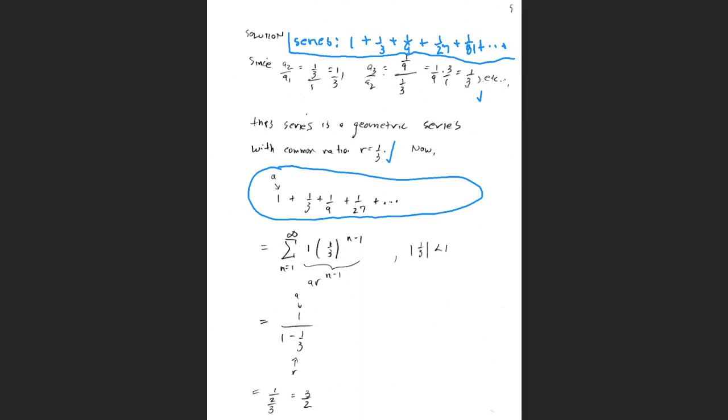Now, in terms of these geometric series, the first term is always denoted A. So A is the first term. R is the common ratio. Common ratio, R.